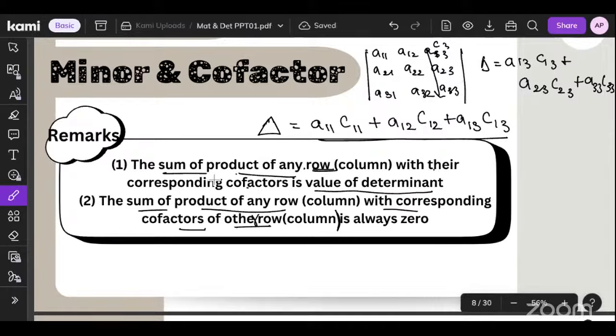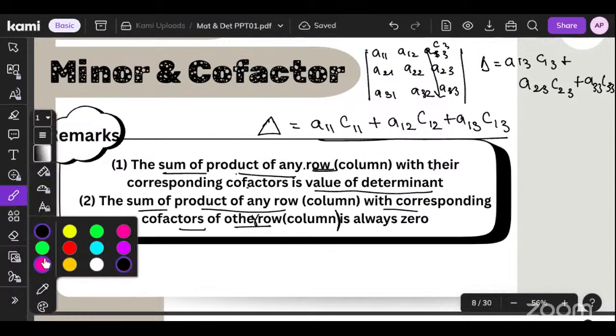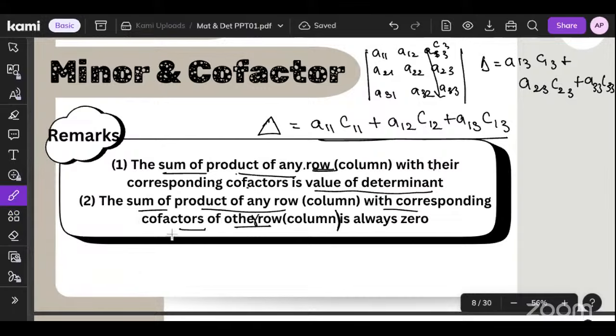And then if you take the cofactors of another row or a different column, you will definitely get 0. Let me tell it here.